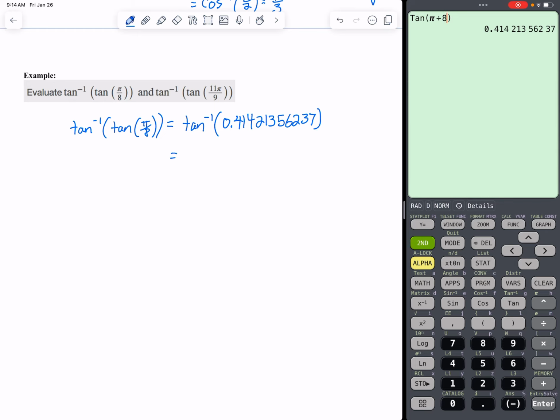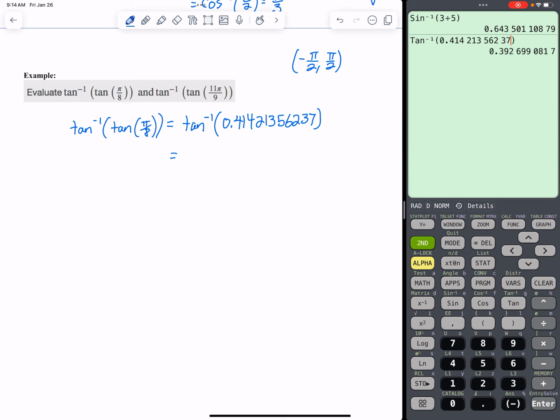All right, now inverse tan. When I do this, I just have to plug it in. And remember, this has to land between, in open parentheses, negative pi over 2 to pi over 2. Has to land back in there. Okay, so let's do it. Inverse tan of 0.414213562237.